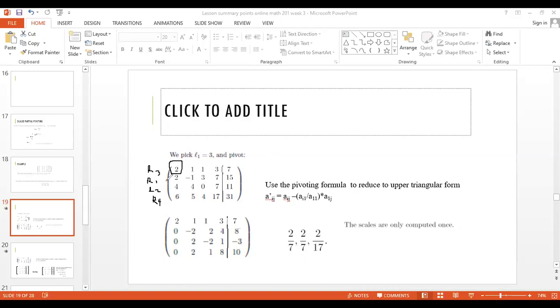So the first element, which is A11 new, becomes 2 minus 2 over 2 times 2, which is 0.